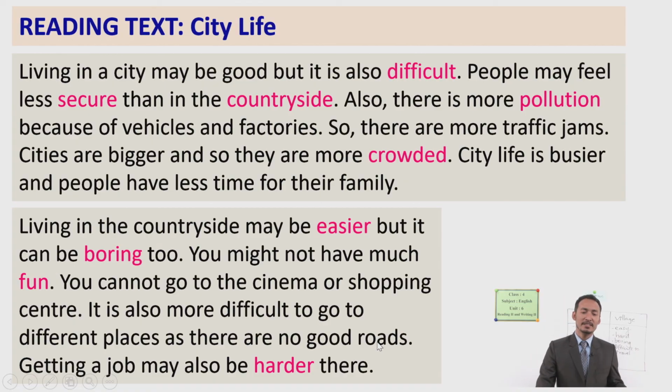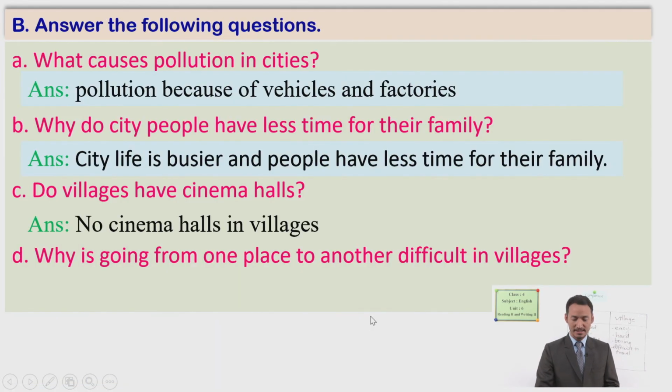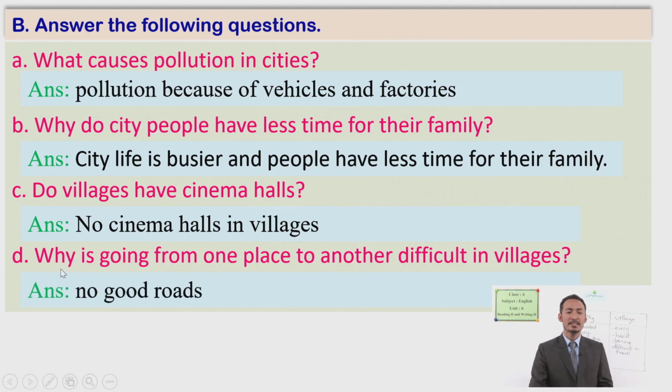So that's the reason. So we have no good roads in villages. No good roads in villages. So now you can make your answer by writing, it is difficult to go from one place to another because there are no good roads. Okay, students, so can you make your answer?